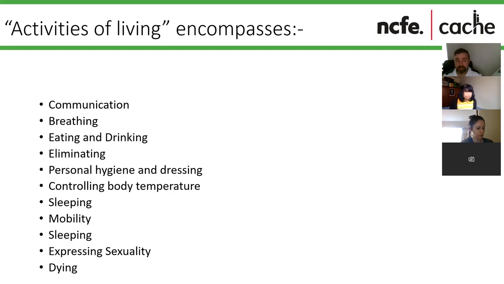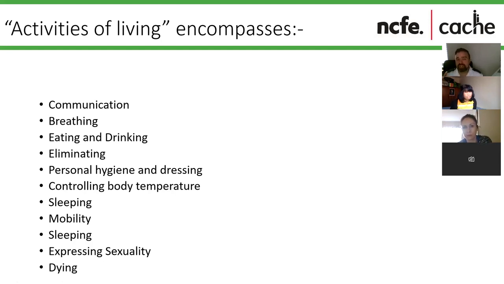So the systematic approach must include communication, breathing, eating and drinking, elimination, personal hygiene, controlling body temperatures, sleeping, mobility, sexuality, and dying. Okay, so that's the minimum in what we should be assessing for in a care plan.